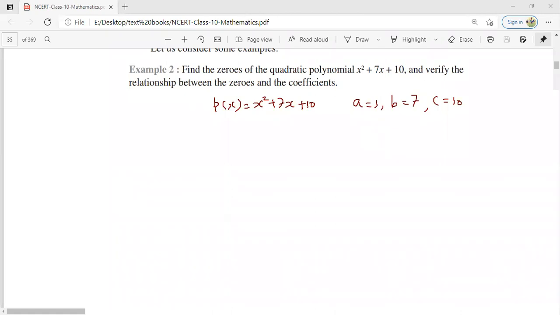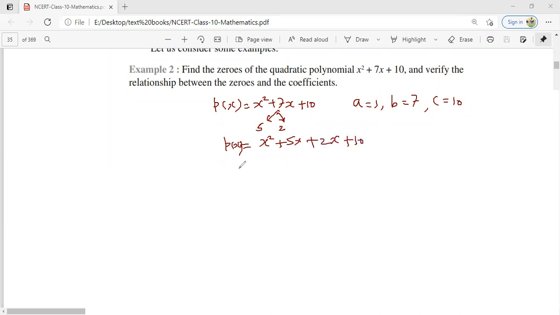So how to find the zeros? We will do it by splitting the middle term. Split the middle term 7: how will you split 10? 5 times 2 is 10, and 5 plus 2 will be equal to 7. So we can write this polynomial as x square plus 5x plus 2x plus 10.